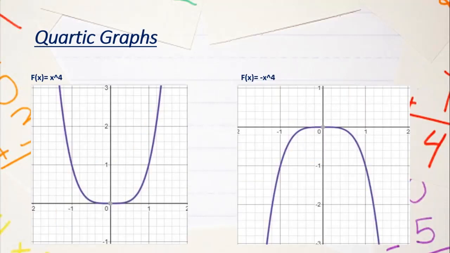Quartic graphs are different from quadratic graphs because of x⁴ and x². So x⁴ is again a happy face, but this time the graph is a bit wider, not very thin. And f(x) = −x⁴ is just the opposite, a sad face.